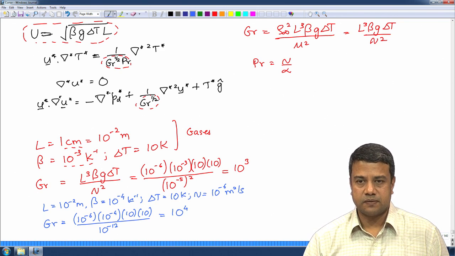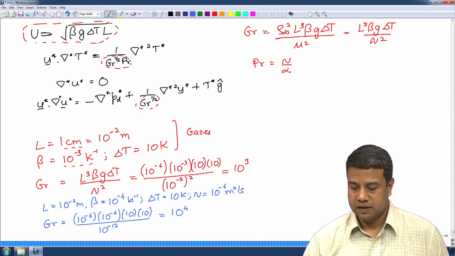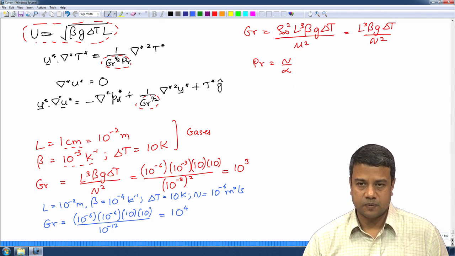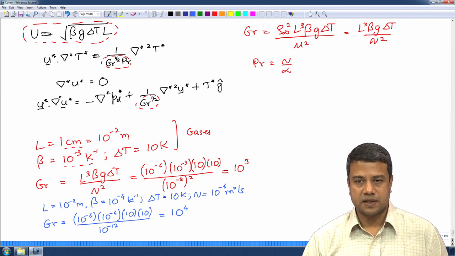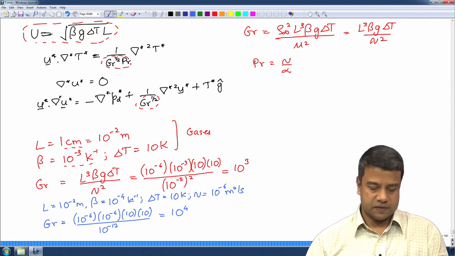The same procedure that we had used for forced convection applies, except now we have to solve the temperature and the momentum equations simultaneously to determine the velocity and the temperature fields.